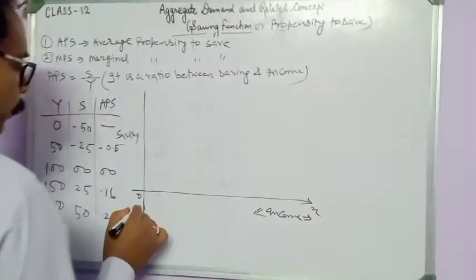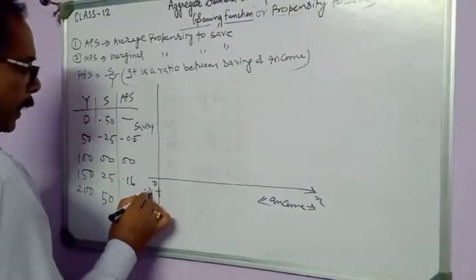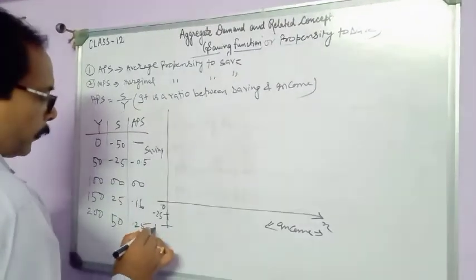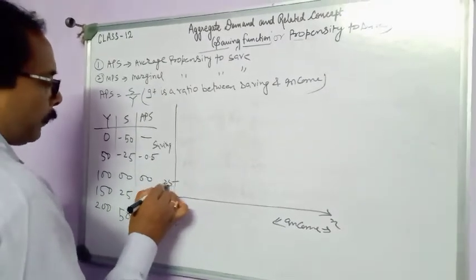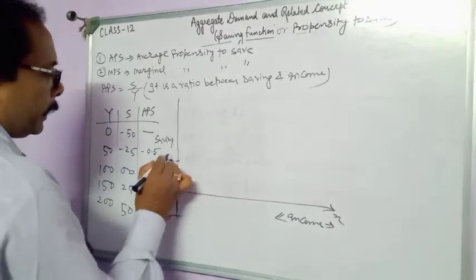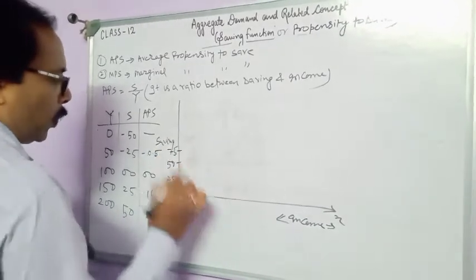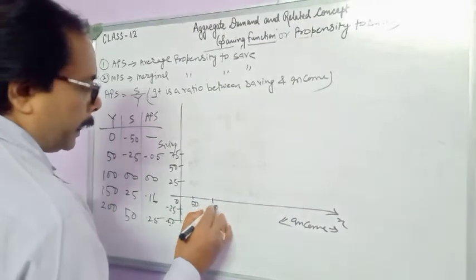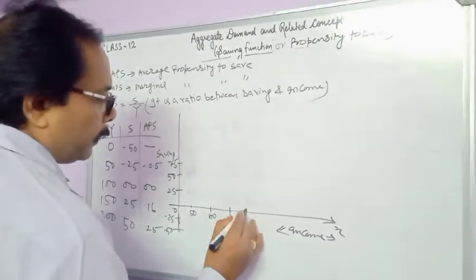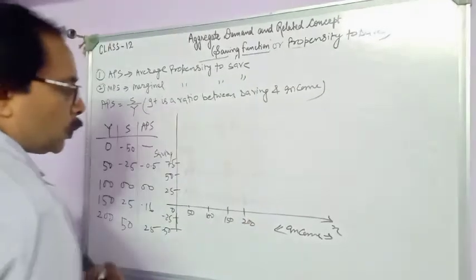So suppose that is minus 25, minus 50, 0, 25, 50, 75 and so on. The income is suppose 50, 100, 150, 200 and so on.